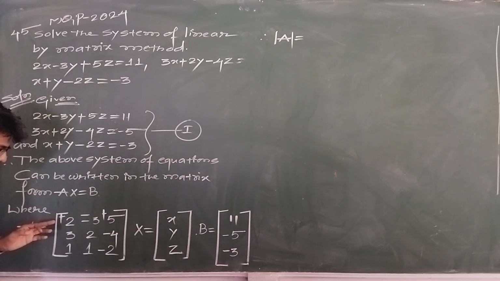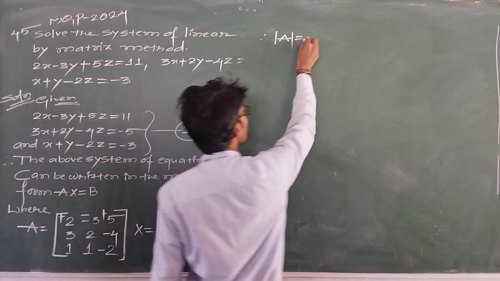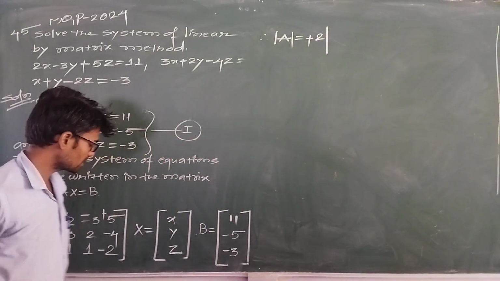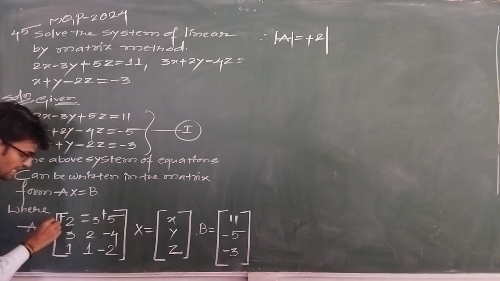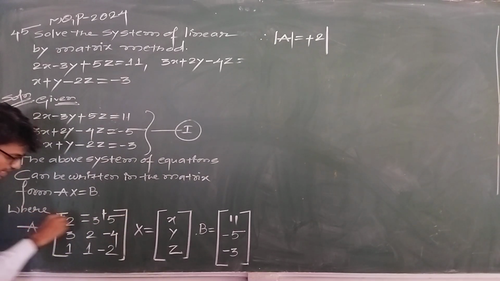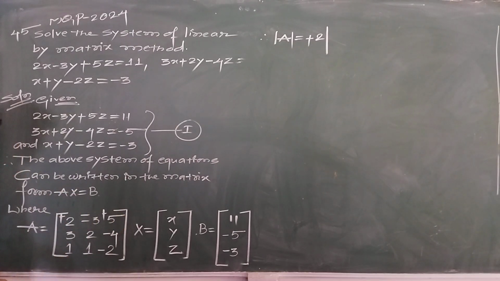First you write the symbols for the first row as plus, minus, plus. First you take plus 2 outside. After that you delete this row and this column. Remaining elements you have to take inside the determinant.